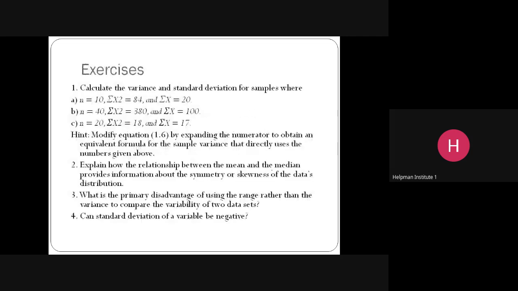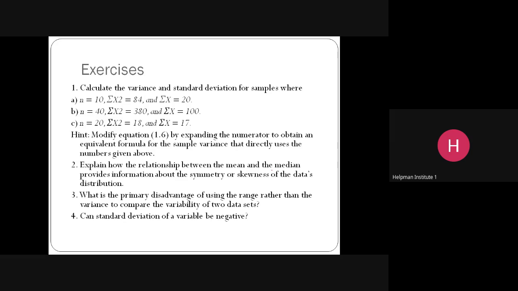All right. So these are our exercises which will be presented in our next class. I believe everyone can see them. We have from 1 to 4. The first exercise says calculate the variance and standard deviation for the samples where these particular values are given.